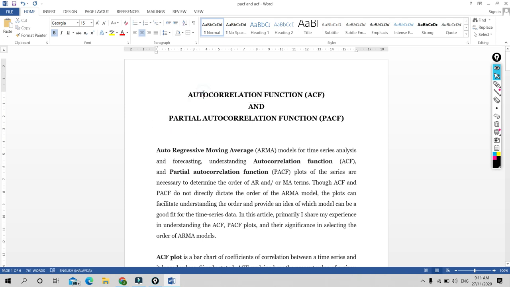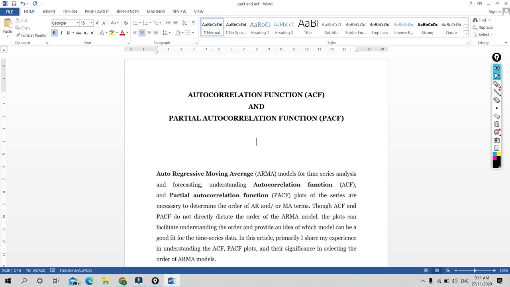If we calculate or perform these functions, then from that we can plot a graph.